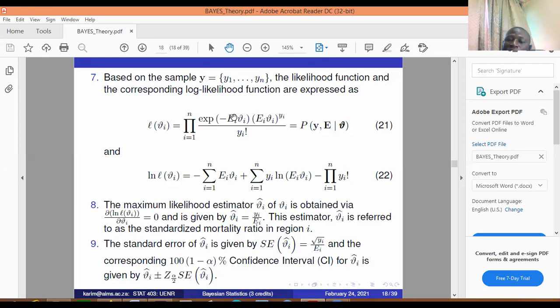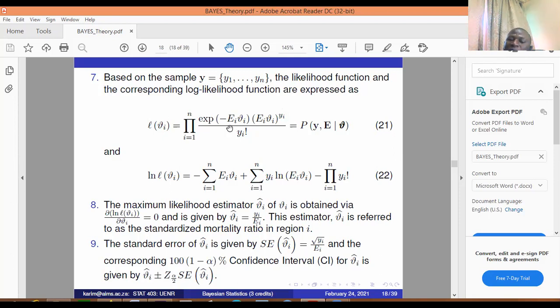You remember the Poisson distribution is exponent of minus the parameter, the lambda, which is the parameter describing the Poisson process, and then the parameter to the power of the data, which is usually x, but this time we are using y. Divide that by factorial of the data. So this is the Poisson distribution.